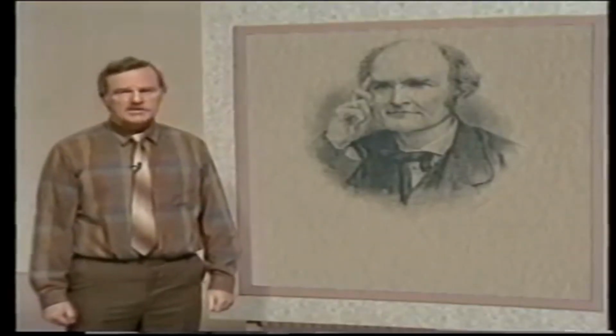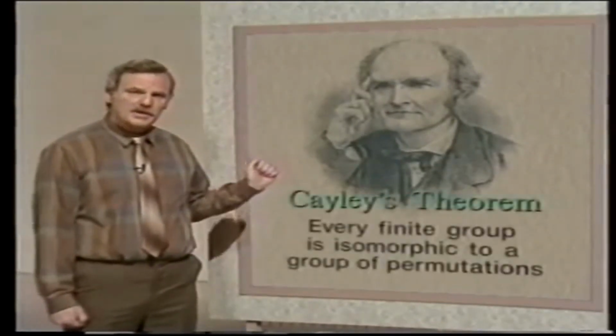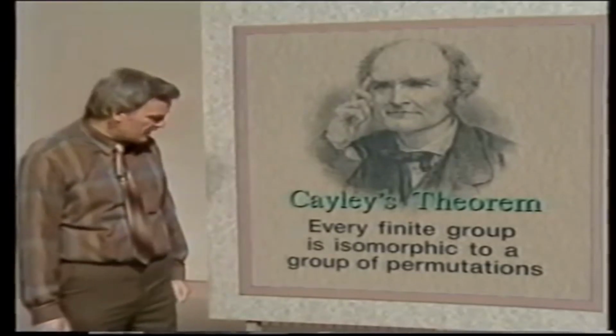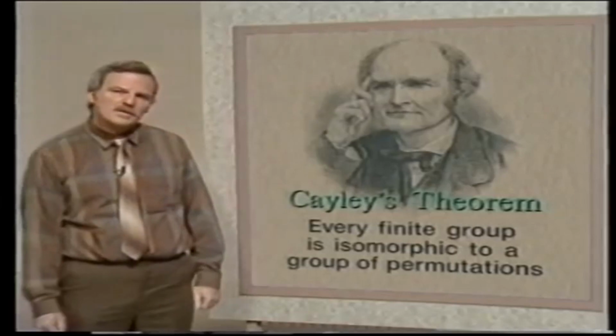That method of associating a permutation with a group element was devised by the English mathematician Arthur Cayley, and his theorem holds for every finite group. The proof is quite easy. Take any finite group G. With each element little g, we associate the permutation given by its row in the Cayley table.